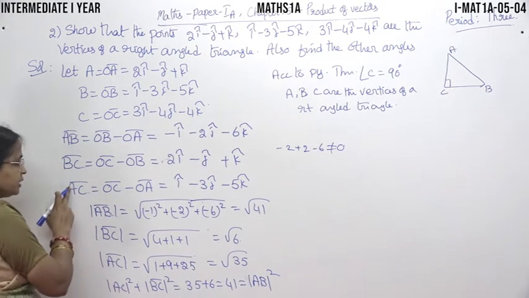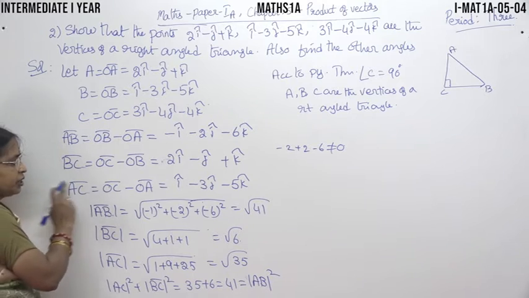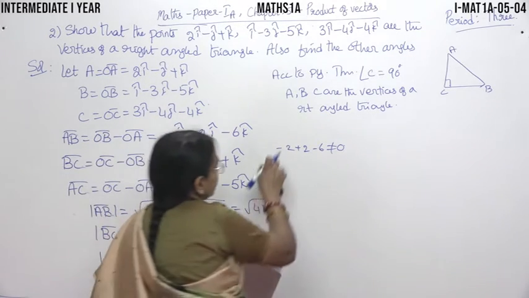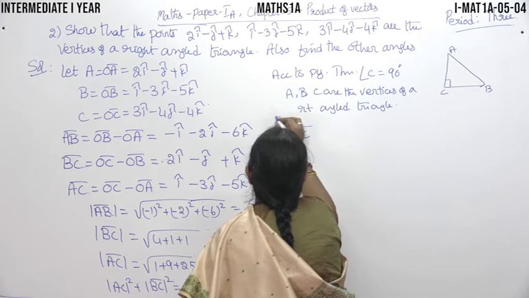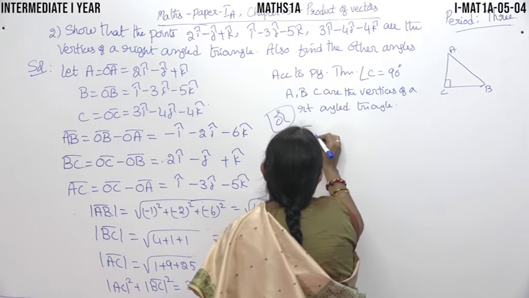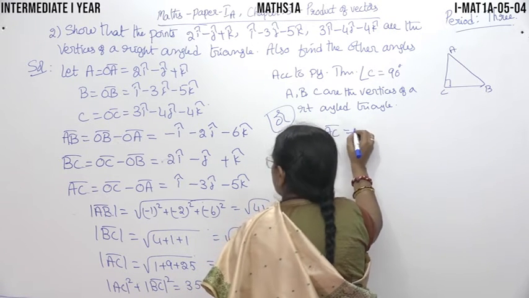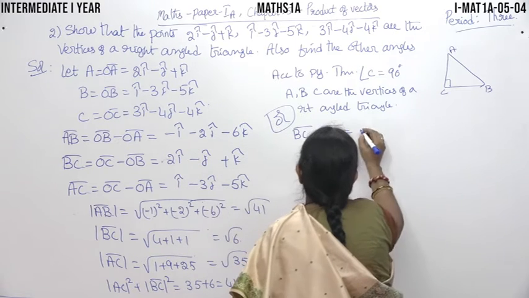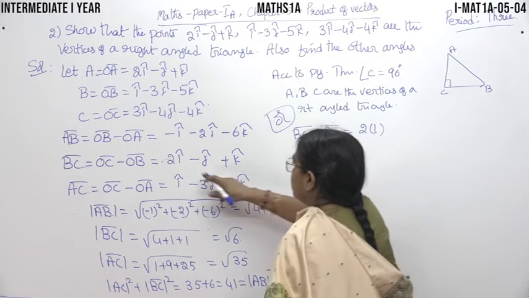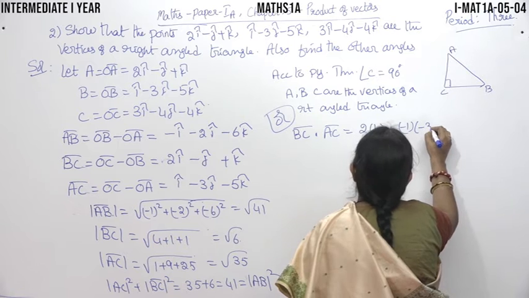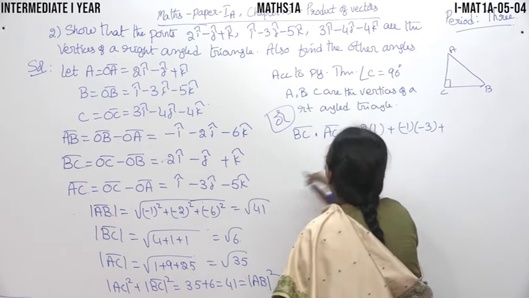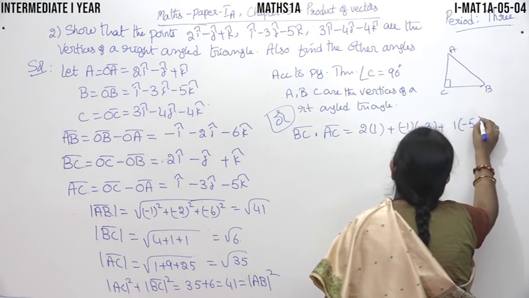Now you take BC dot AC. BC dot AC is equal to 2 into 1, and then minus 1 into minus 3, plus 1 into minus 5.